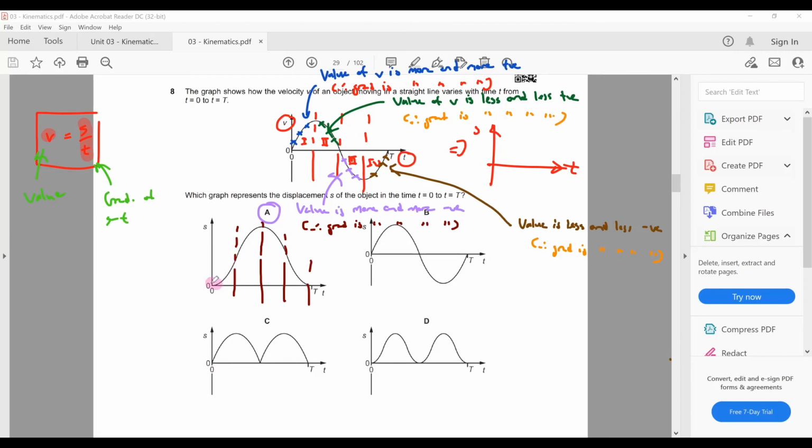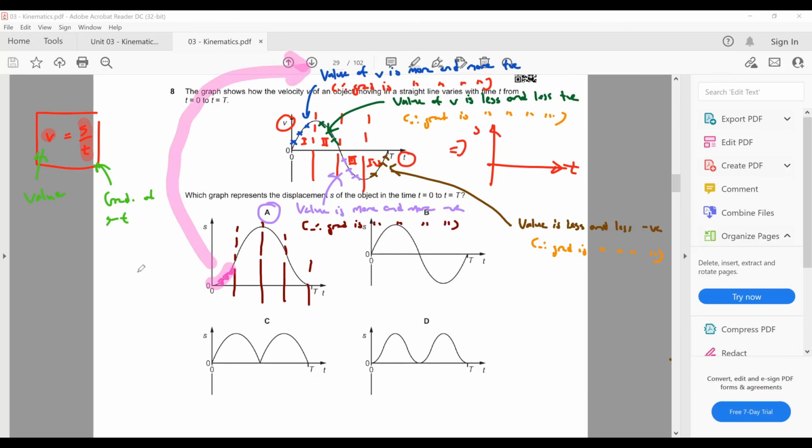This one here, the gradient is positive and it's becoming more and more positive, isn't it? You can draw some little triangles to visualize it. This part here will correspond to this.